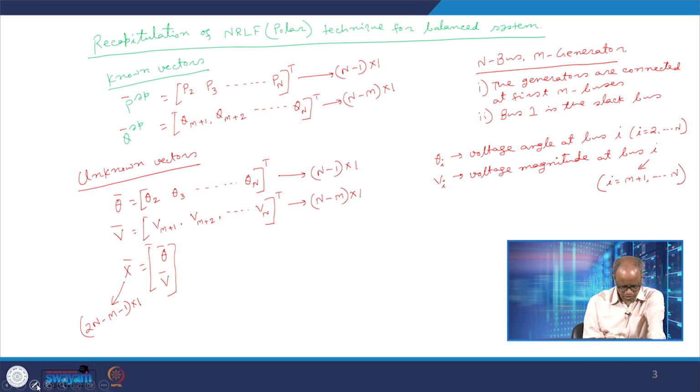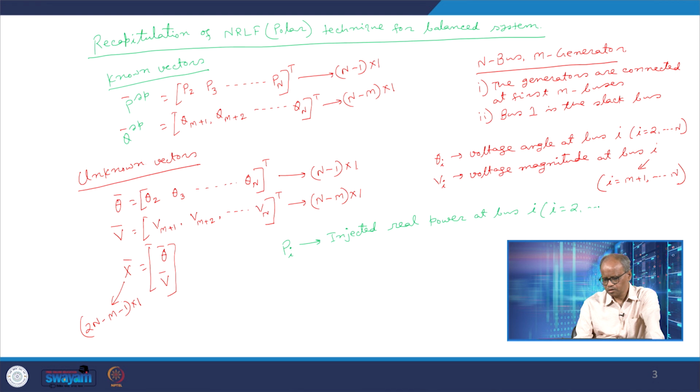The definition is that Pi is the injected real power at bus i, where again i is equal to 2 to n, and Qi is the injected reactive power at bus i, where i is equal to m plus 1 to n.